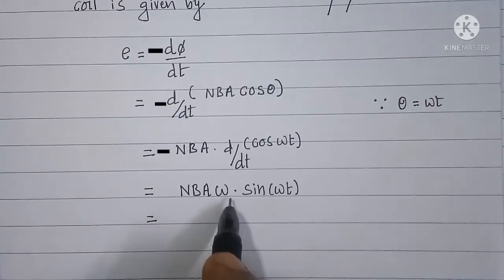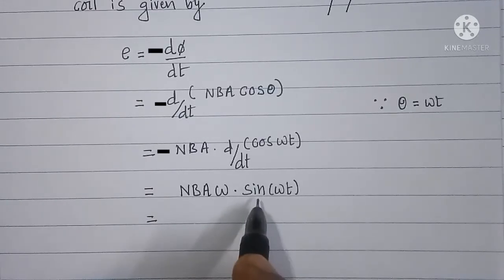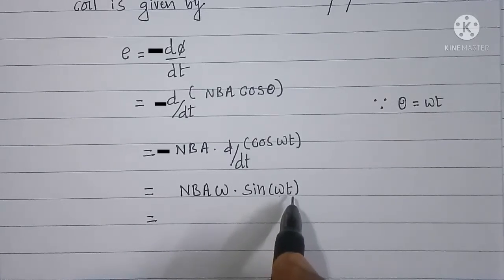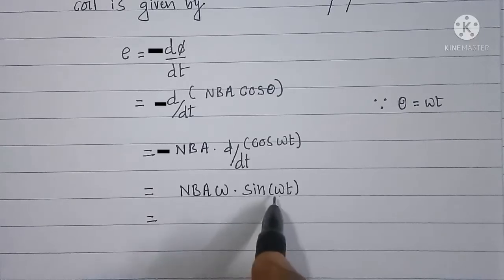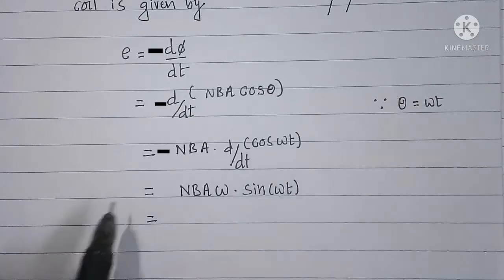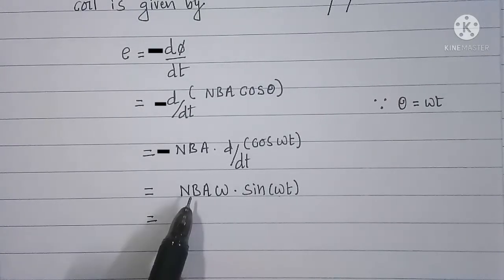Since NBA omega is constant and at omega t equal to pi by 2 radians, sine of omega t will become equal to 1. That is, E will assume maximum value.